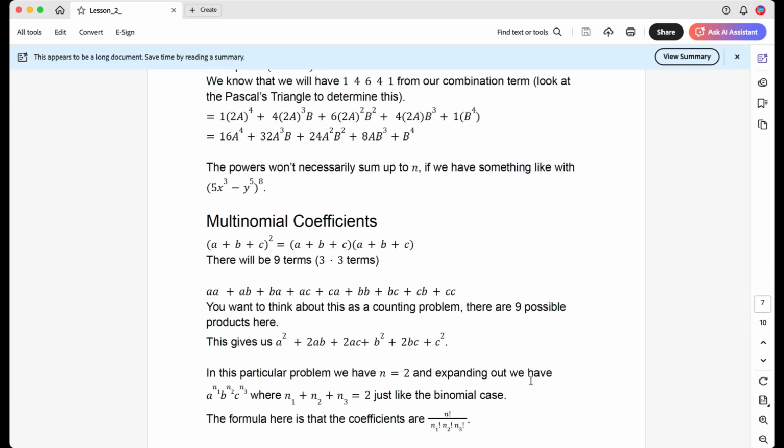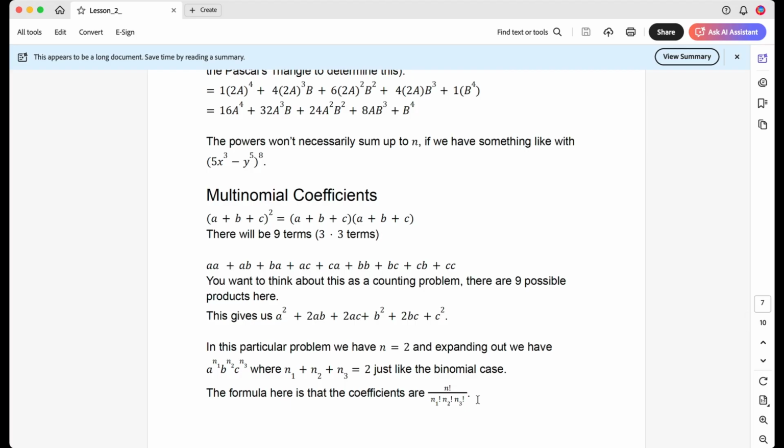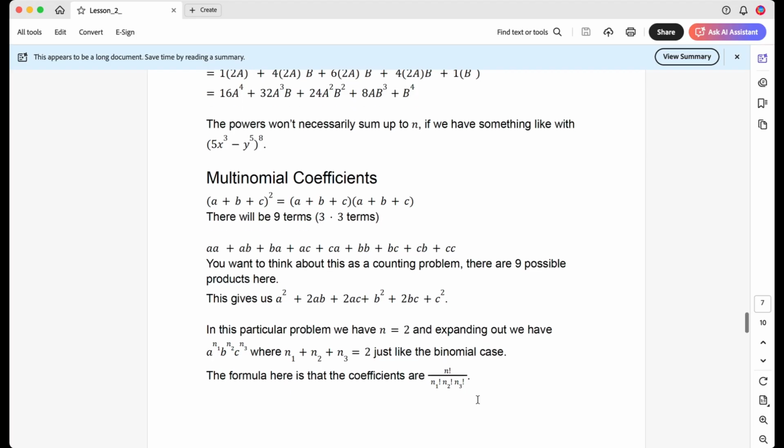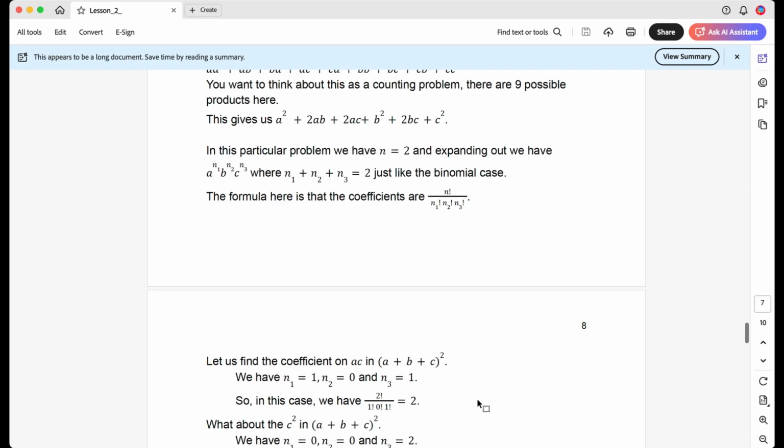And so the formula for the coefficients here is going to look very similar to what we had for the permutations with duplicates. N factorial for the total, and then divided by the duplications here. So looking at this example, if we want to find the coefficient of AC, the power on A is 1.